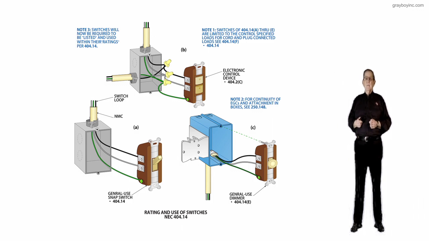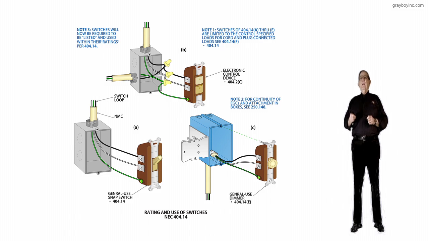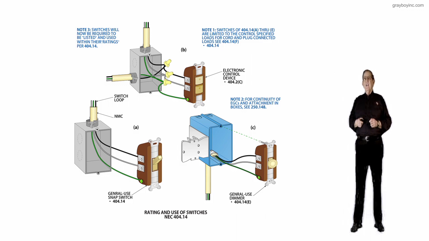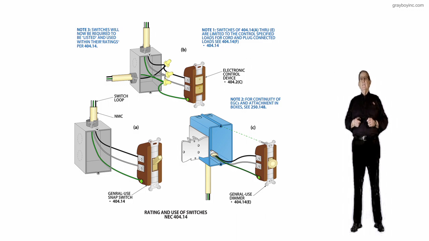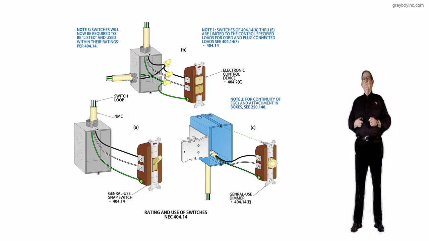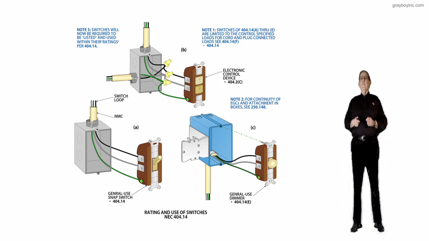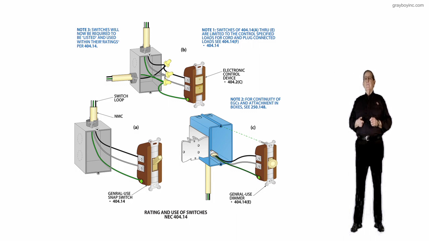Now, let's next review the notes. Note 1 states switches of 404.14(A) through (E), these sections should be reviewed. They are limited to control of specified loads, for cord and plug connected loads that we would see outlined in 404.14(F).